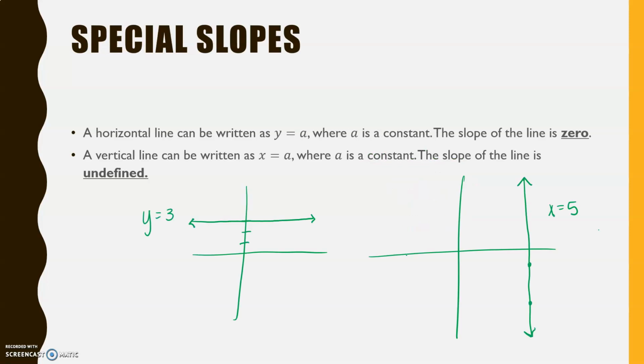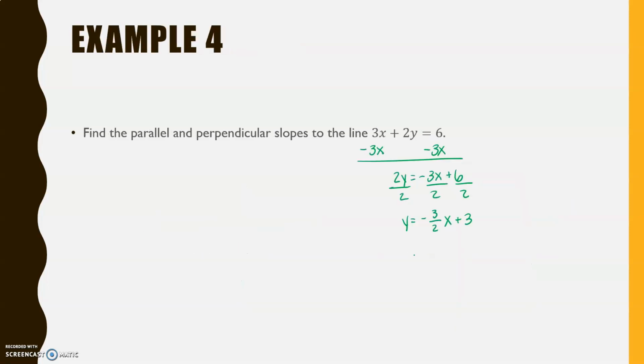So again, where's my slope? It is here, -3/2. We are going to use this slope to find the parallel and the perpendicular slopes.